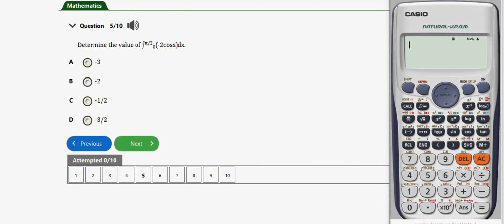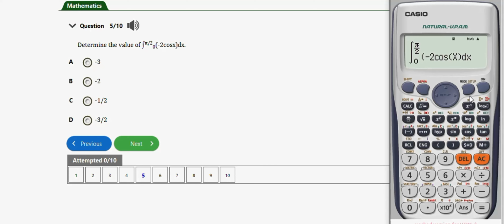Let's bring the calculator. So it says the upper limit is in fraction, that's pi over 2. The lower limit is 0. Then come here and put a fraction minus 2 cos x, close the brackets.